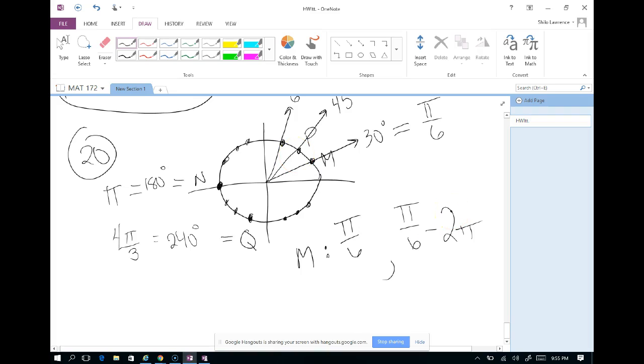Now, if you're not good with fractions, you can do this in your calculator. You just leave the pi portion of it off and ask your calculator what 1/6 minus 2 is, and use math option 1 to change it back to a fraction, and then just throw the pi back on your answer.